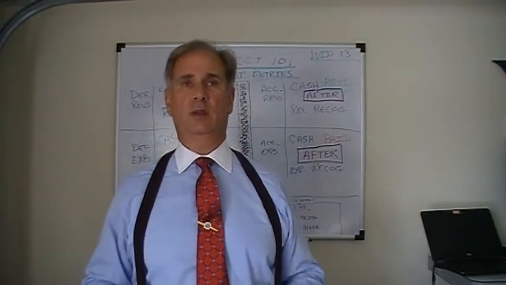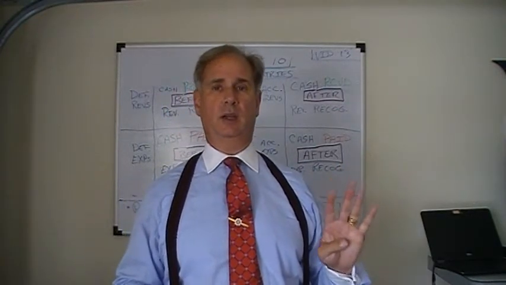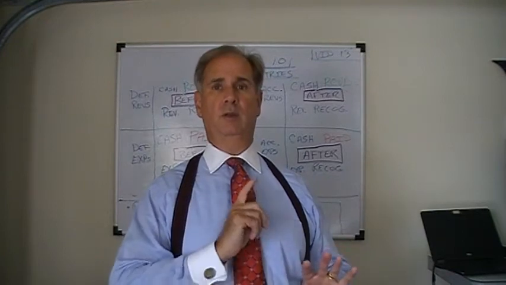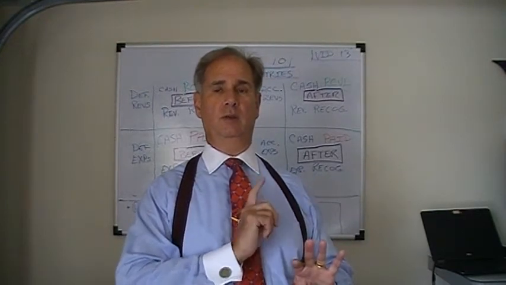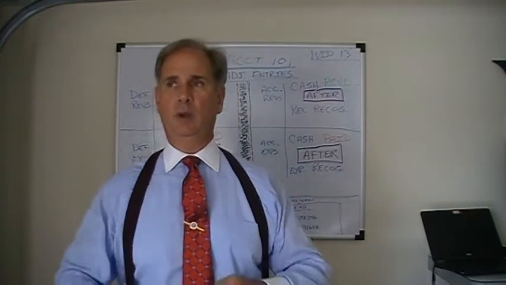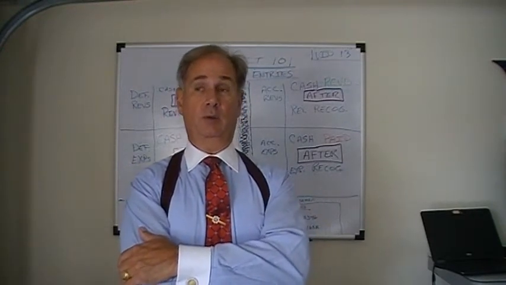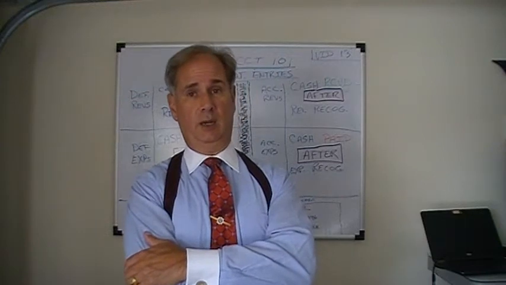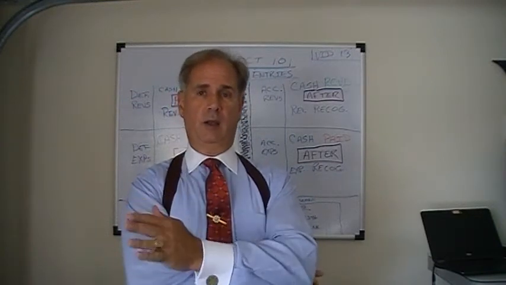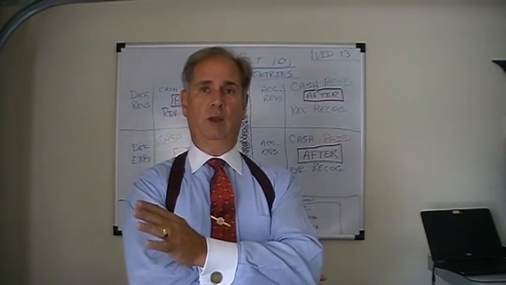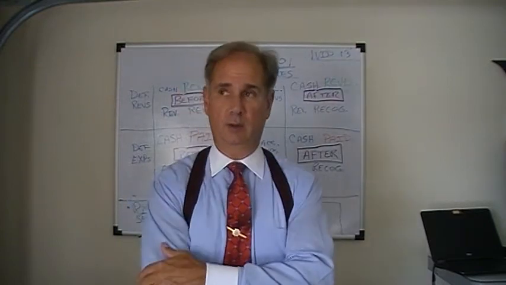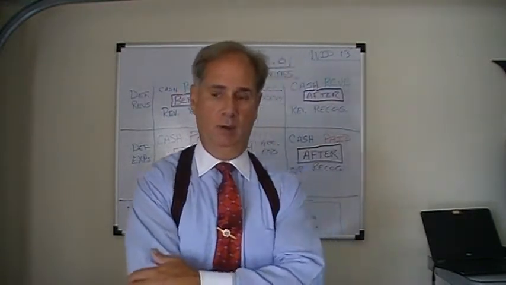Now, as I said, there are four types of adjusting entry: deferred revenues, deferred expenses, accrued revenues, and accrued expenses. And what distinguishes one from the other is whether or not you are receiving cash or paying cash, and the timing of when you recognize the revenue or the expense. What does that mean? Okay.